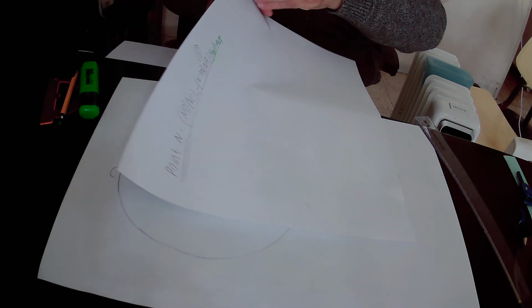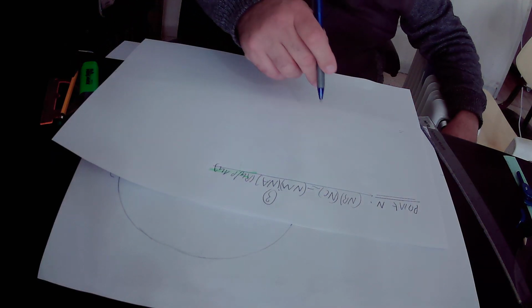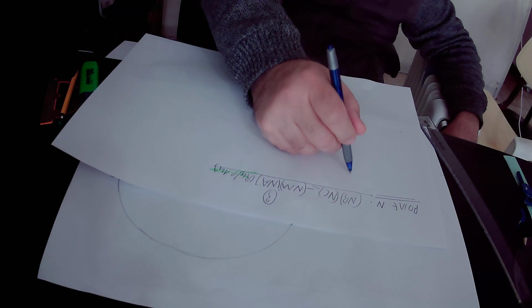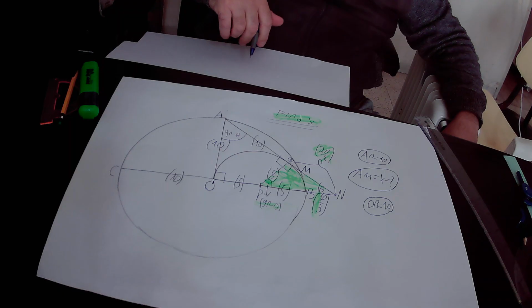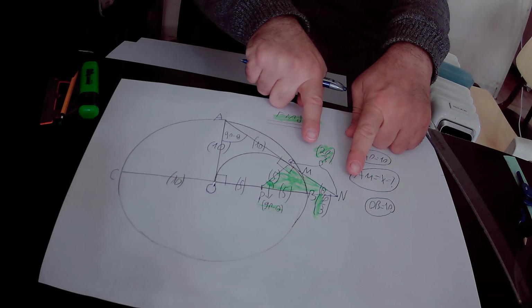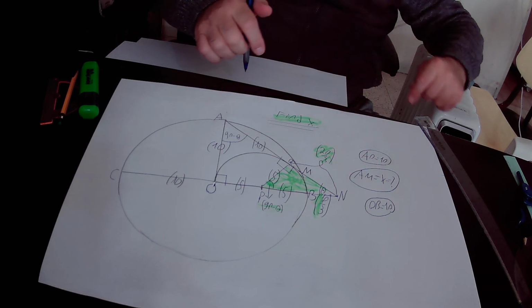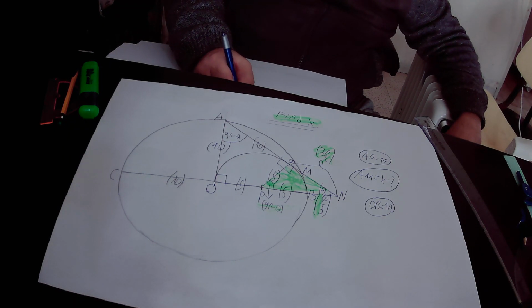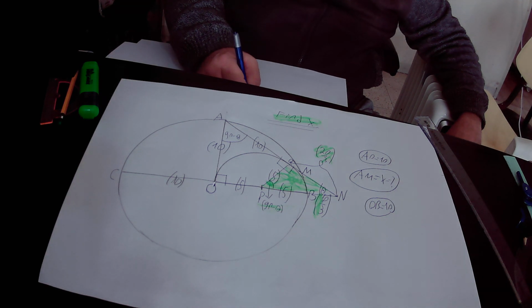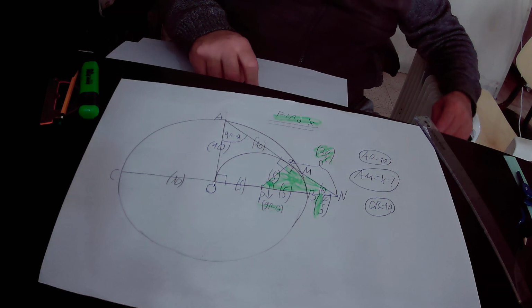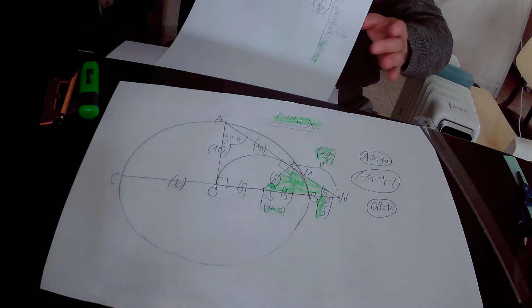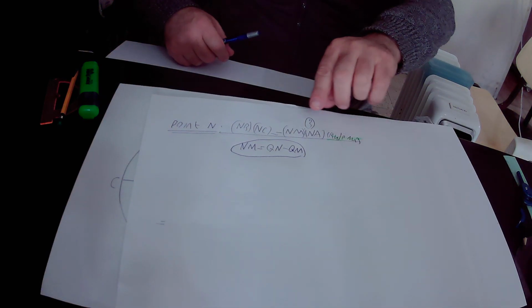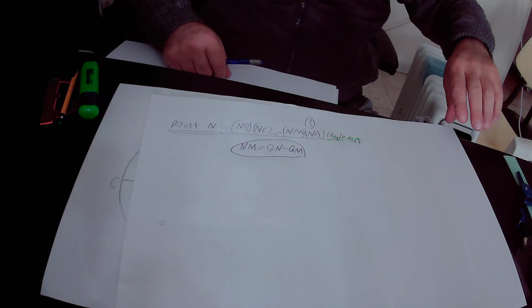So first of all, we find out the length of line segment NM. From the drawing, it is very easy to see that NM equals QN minus QM.